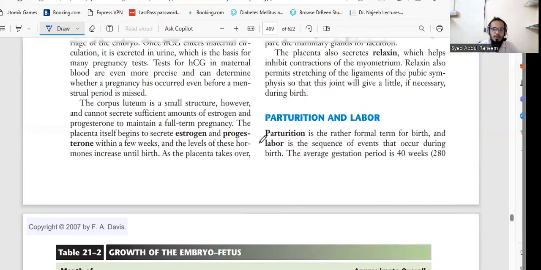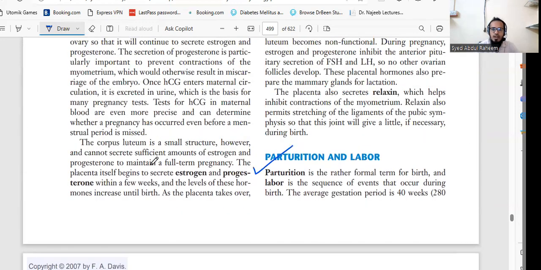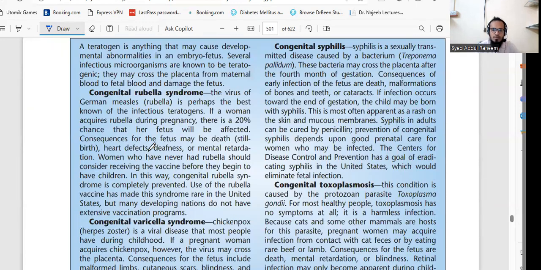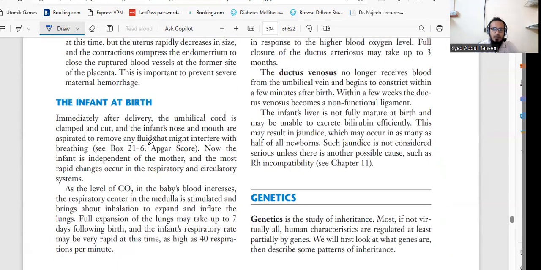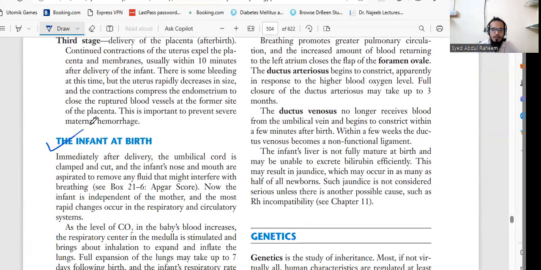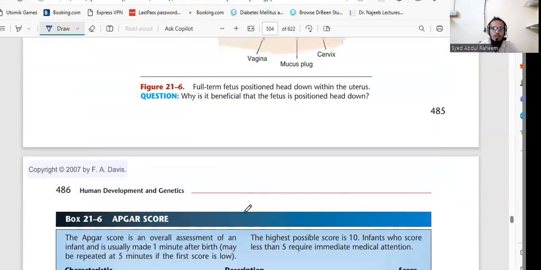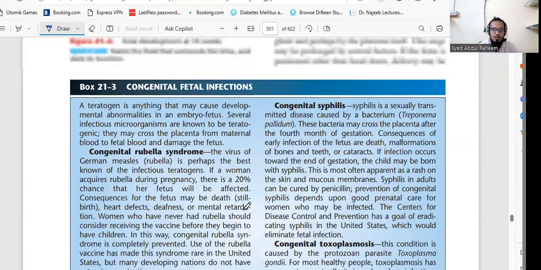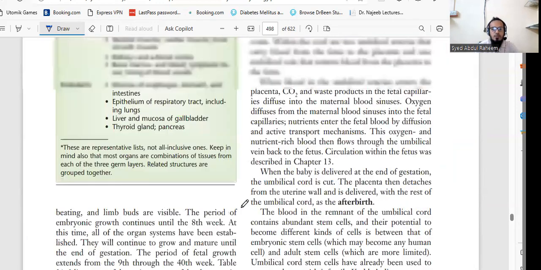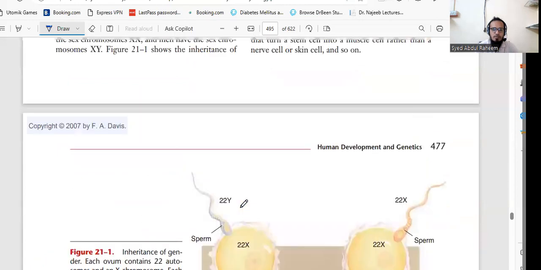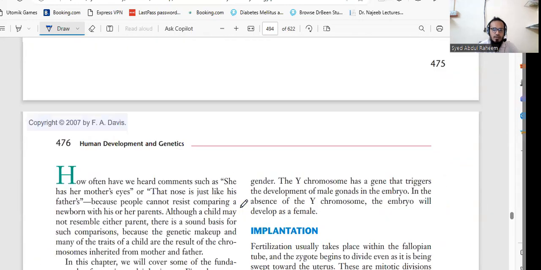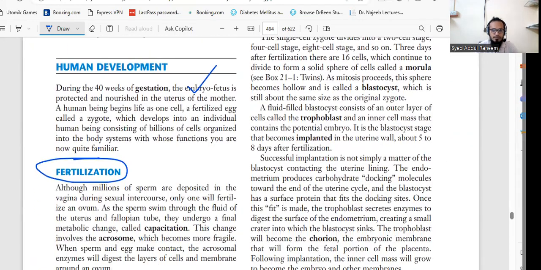Then parturition and labor, which is the last process. And after birth, the infant at birth. These are the things we will discuss in detail here. First of all, we will talk about fertilization and implantation, both.